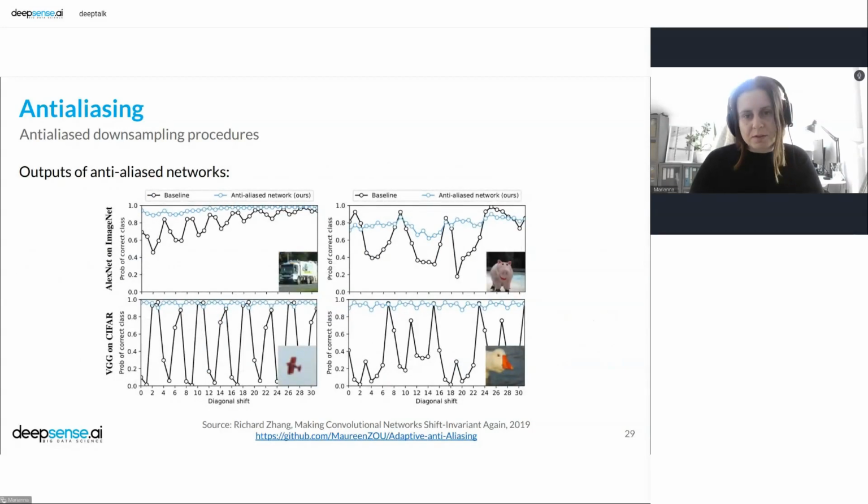And here are the outputs of the conventional and anti-alias network. It is clearly seen that the stability of the results for different shifts is much better for the anti-alias network, which is blue, than for the conventional black results.